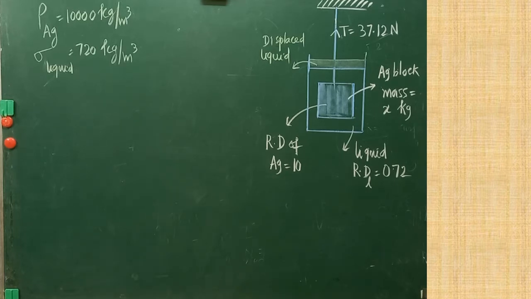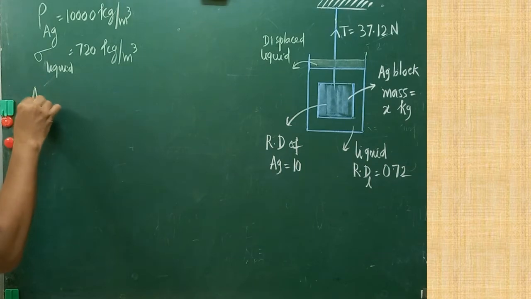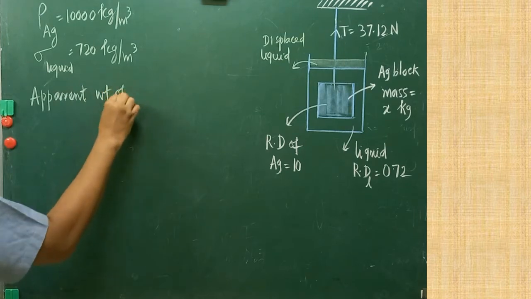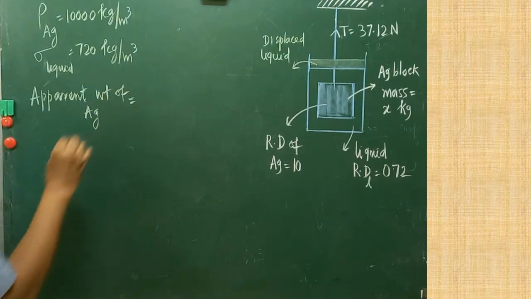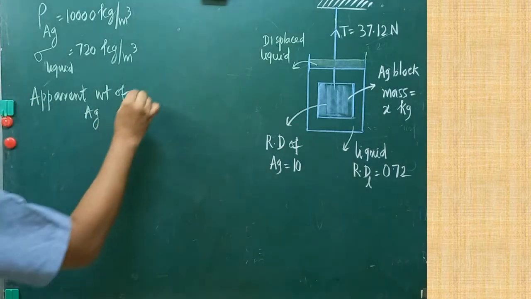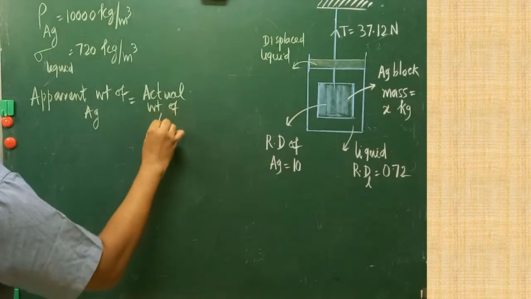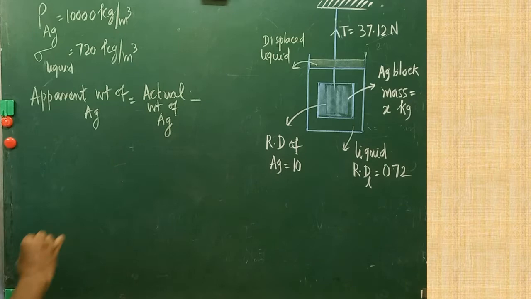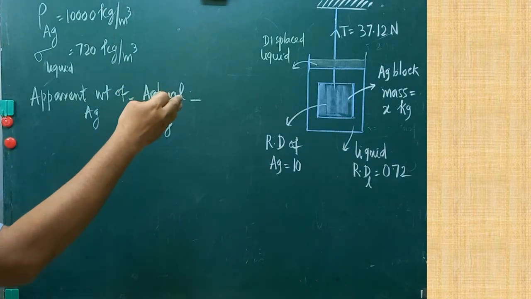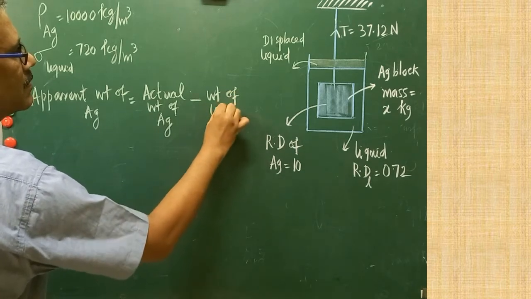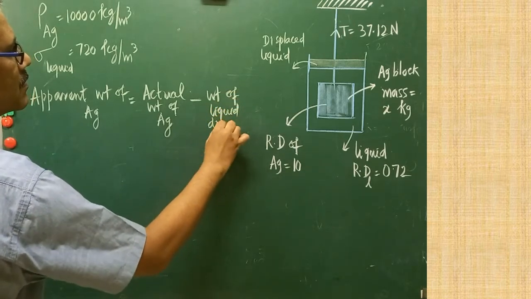How to calculate it? The apparent weight of silver is equal to the actual weight, the real weight of silver, minus, because of the immersion some amount of liquid is displaced, the weight of the liquid displaced must be taken.